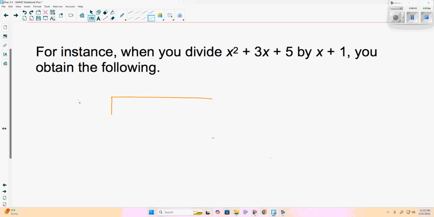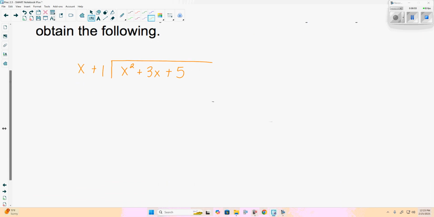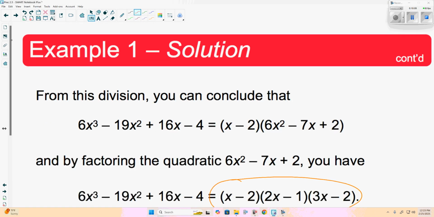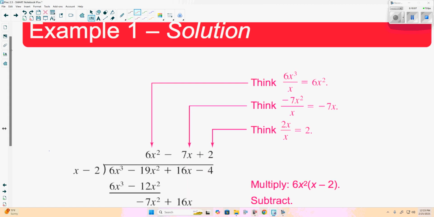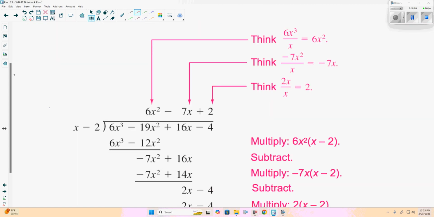So here we can do the same thing. Now we need to get our first term that we're multiplying. Now, we could do the divide step, or we can actually take from what they did.